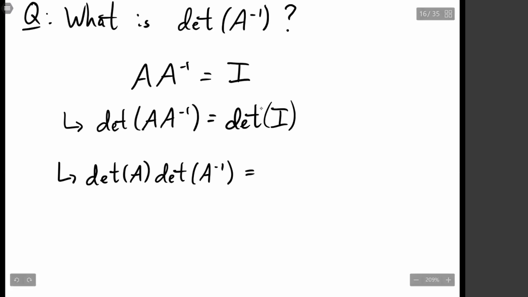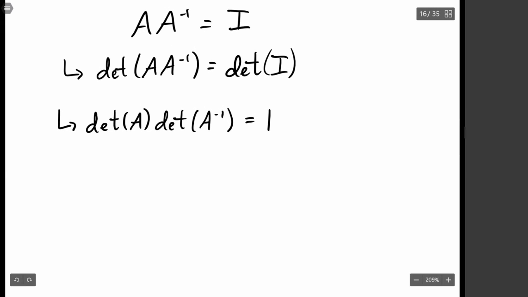What's the determinant of the identity matrix? What do you think? It's a diagonal matrix. All the diagonal entries are 1. So the determinant is just 1. So what does that tell us?